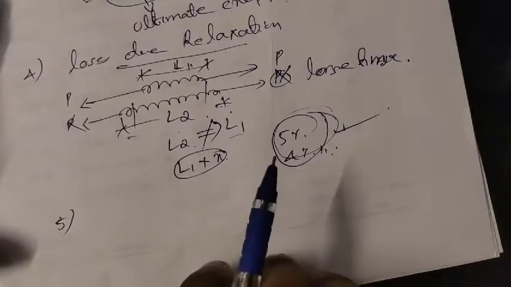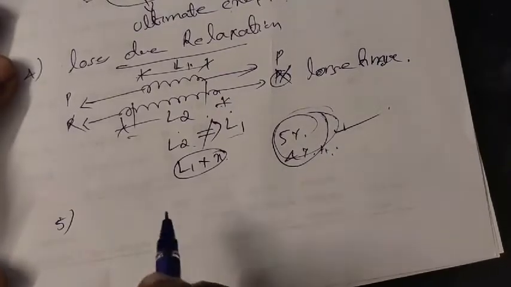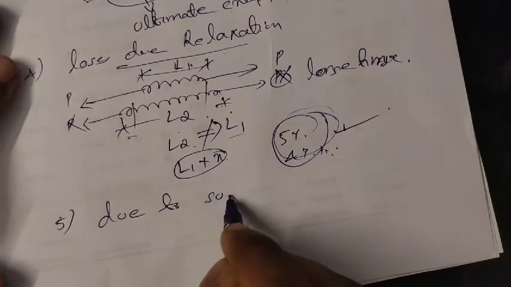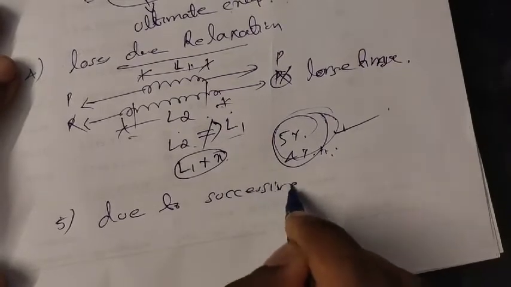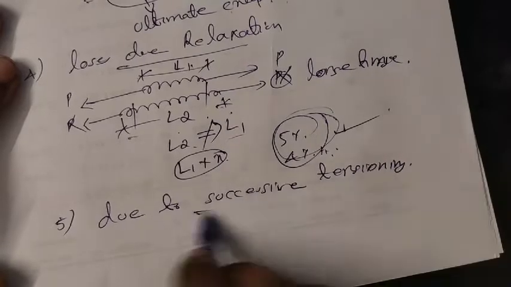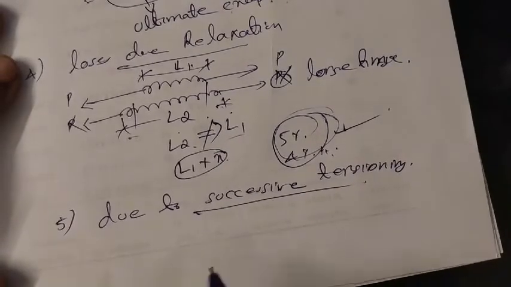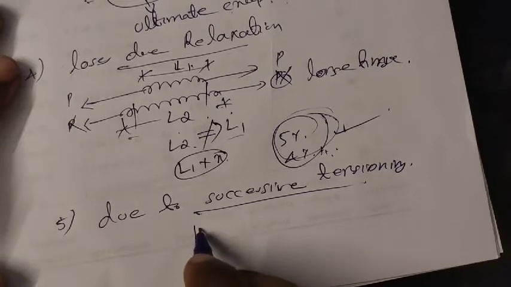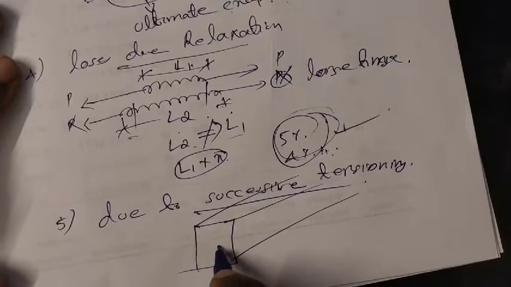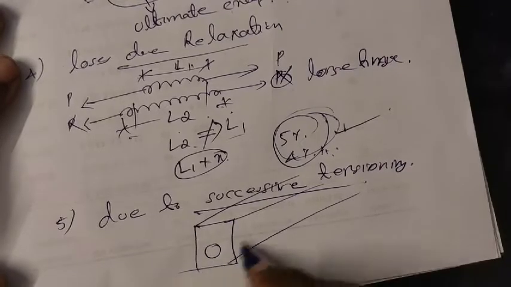The next loss is due to successive tensioning. What is successive tensioning? This is a beam, and there is a hole over there.